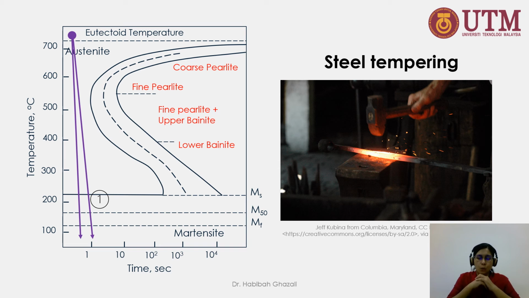As we have learned before, when we do this quenching procedure, the material will transform from austenite to martensite straight away. We know that martensite is a very strong microstructure. The material will have high strength and high hardness.